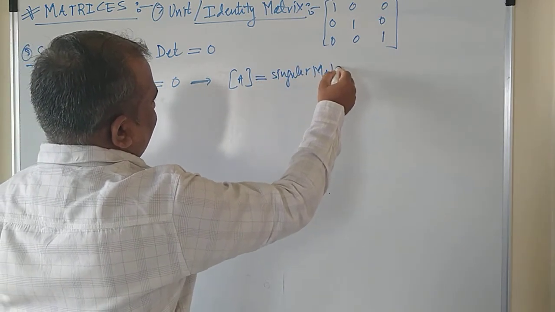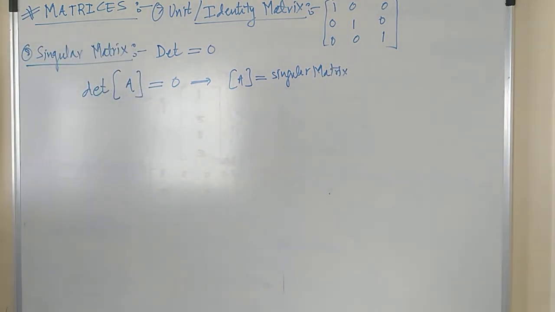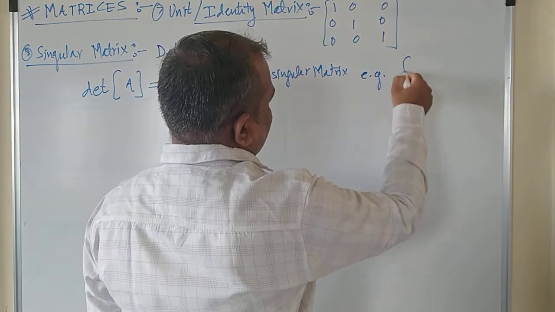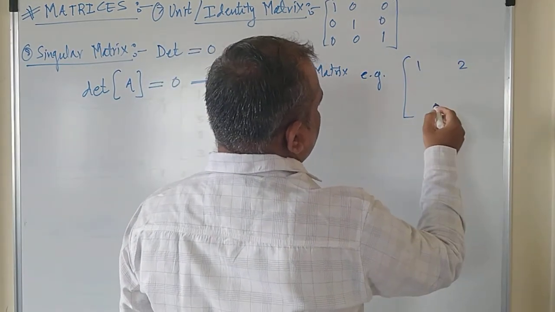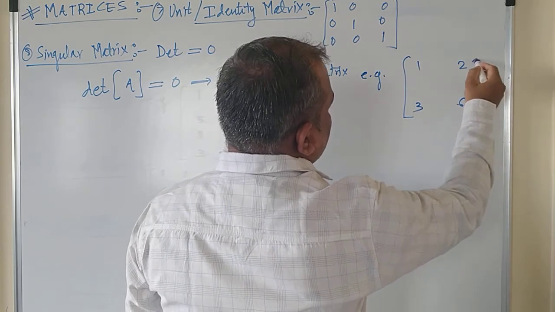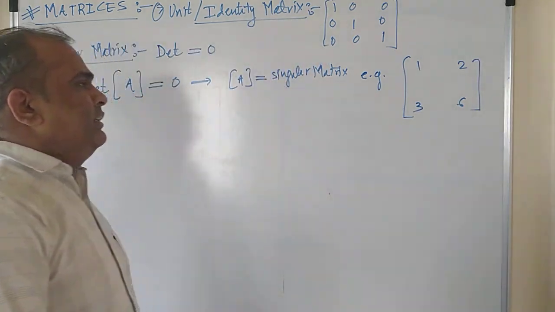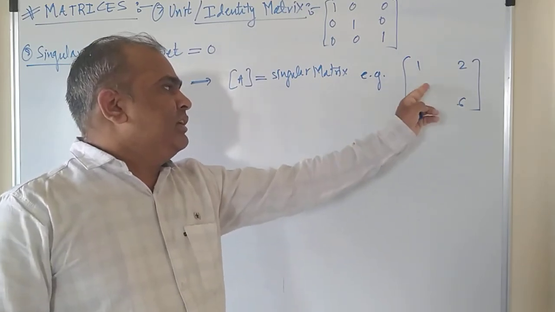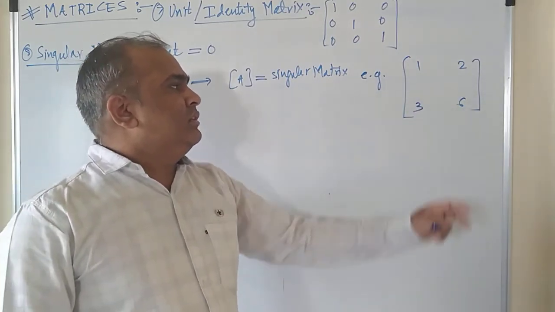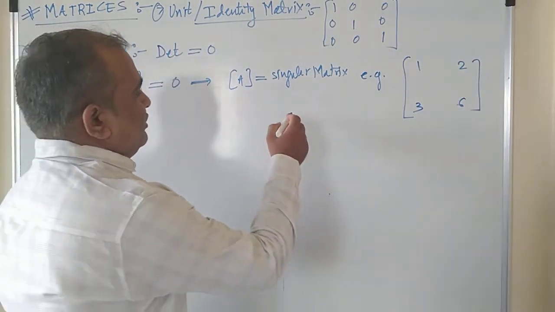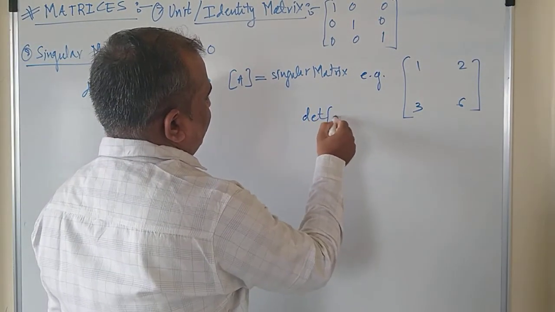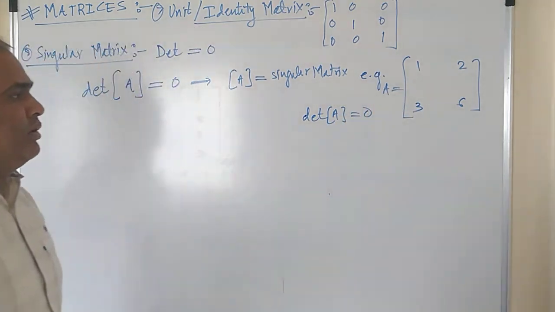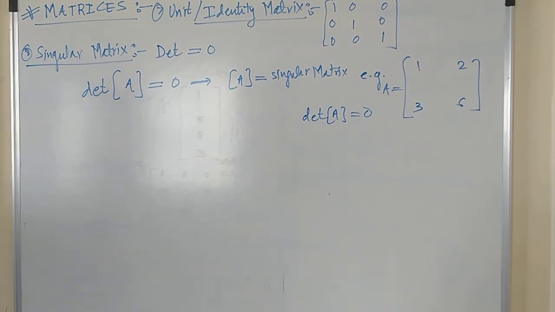For an example of a singular matrix, let us take 1, 2, 3 and 6. If you find its determinant, 1 times 6 minus 3 times 2, which is 6 minus 6, the determinant equals 0. So the determinant of this matrix is equal to 0. This is the matrix A, and therefore matrix A is a singular matrix, right?